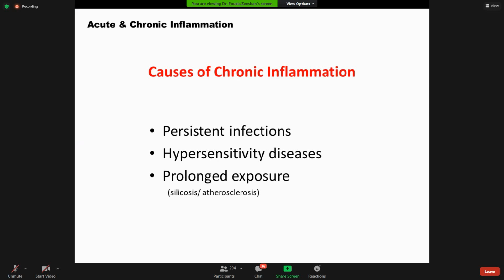Causes could be persistent infections, prolonged exposure, or hypersensitivity diseases. Hypersensitivity diseases are those linked with our immune system. When our immune system is not working well, it starts causing harm to our own body, so it leads to chronic inflammation.